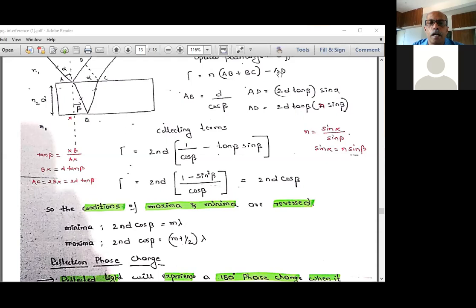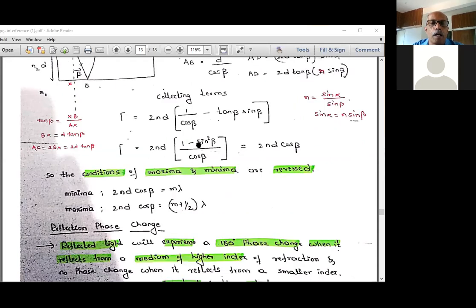What happened here? AD is again 2dn tan beta sin beta. In both terms I have taken 2dn common. Taking 2dn common, it will be 1 by cos beta minus tan beta into sin beta.